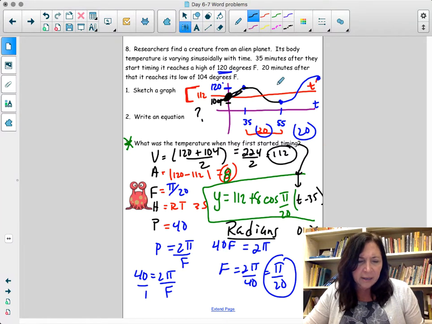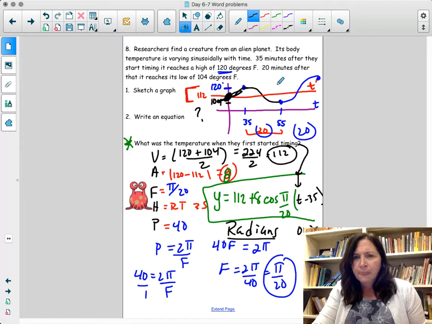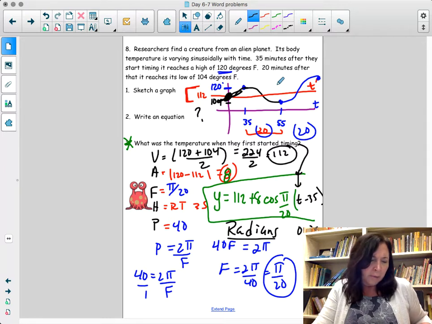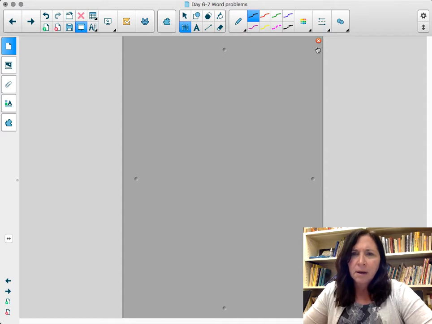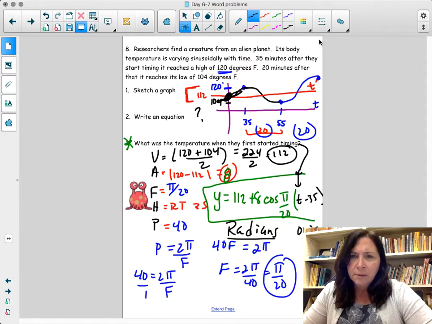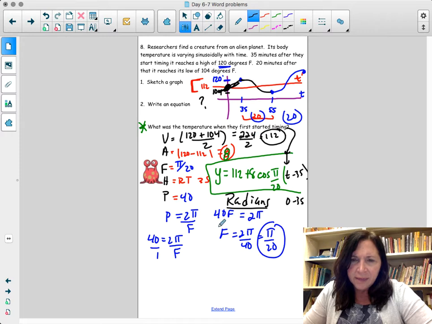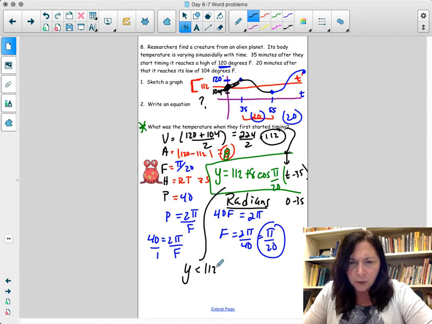I have a feeling that the answer, I want to say it's like 112. I don't remember the actual answer, but you can plug that in and get that. Okay. I think it is 112. So I'm going to write that down. Let's see, y equals 112 plus 8 cosine pi over 20 times negative 35, when t equals 0, because that's what I'm looking for.